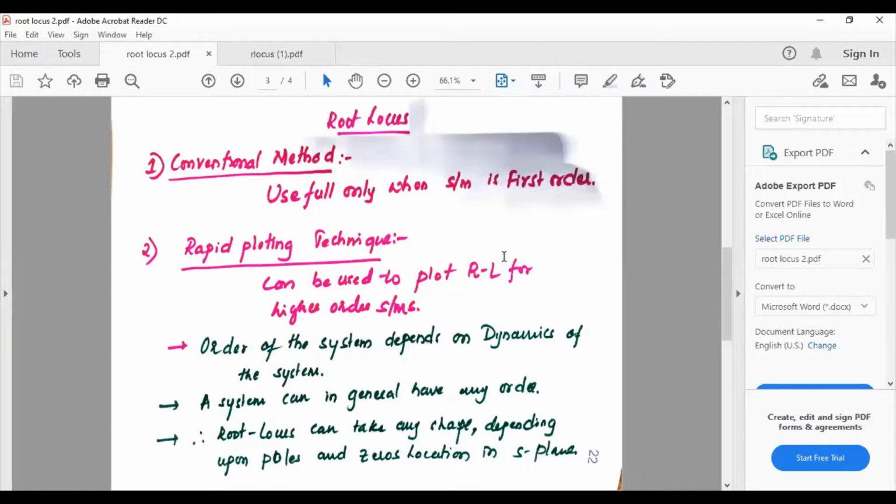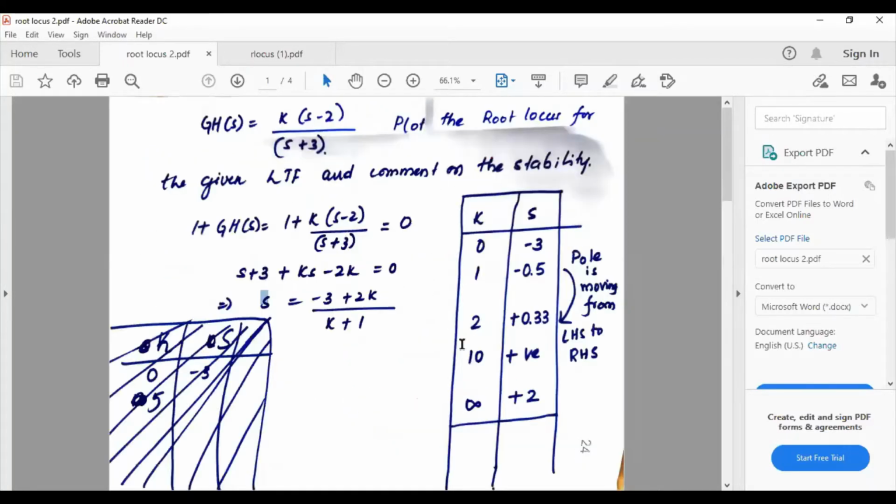And if the order of the system increases, say more than 1, to 2 or 3, it's very complicated. It's very complicated, and this numerical approach is not useful for higher order systems.